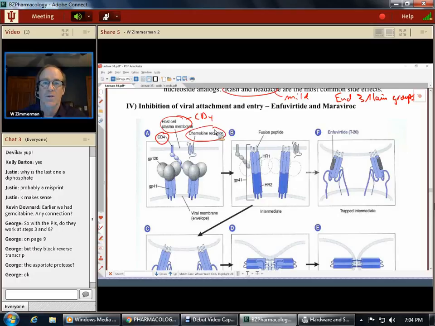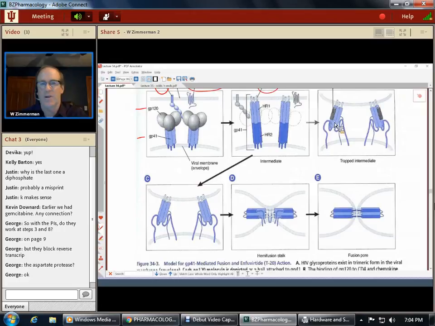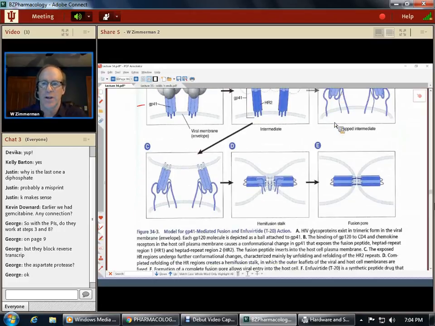And when there's contact between the GP41 and the GP120 with that CD4, it starts a series of convolutions moving around, and it forms this fusion peptide. And that keeps rearranging, and I don't want to get into any more than that. I'm just going to say it keeps rearranging until we finally get to the point where here's our CD4, and here's our HIV particle. And now we've got a way of passing through there.